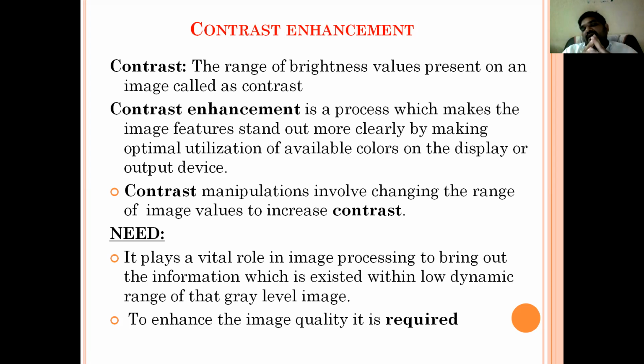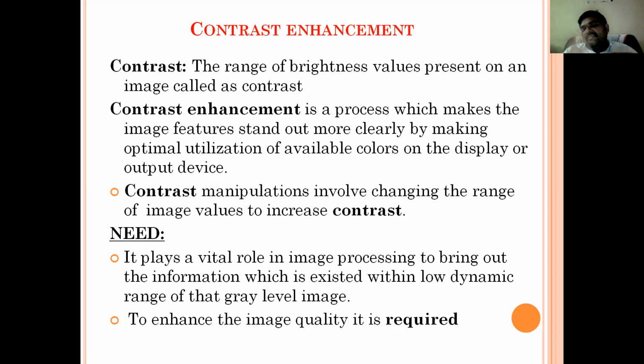Here the contrast process involves change of brightness values. You are changing the original values. That means if you are increasing the digital number value, the old number is erased.